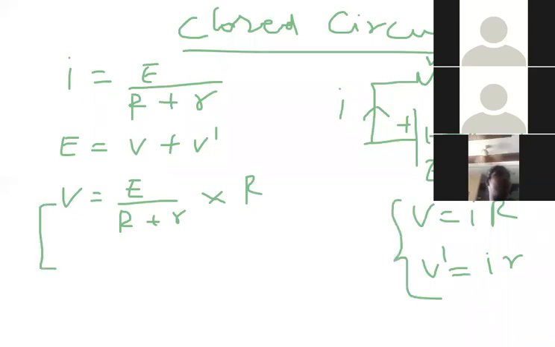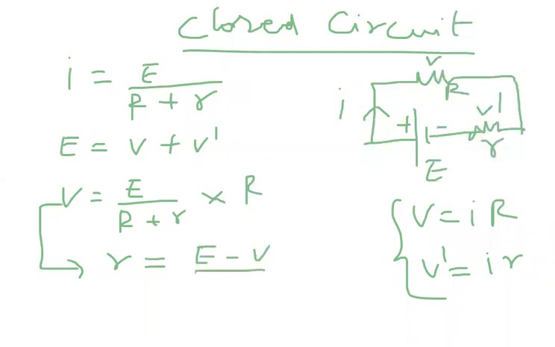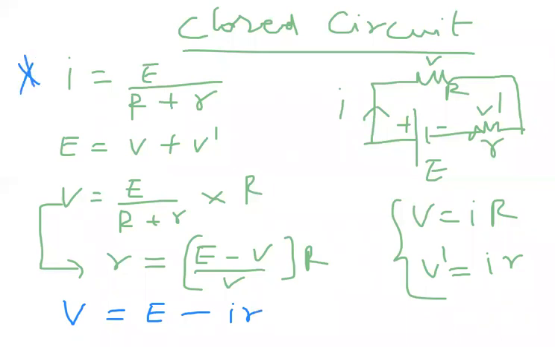And from this we also rewrote it as r is equal to E minus V by V into capital R. Then we have written one more formula, the discharging equation, that is V is equal to E minus Ir. So whenever we use the term closed circuit, you must be ready with this total information. So these 5 points you have to keep in mind whenever the term closed circuit is mentioned.